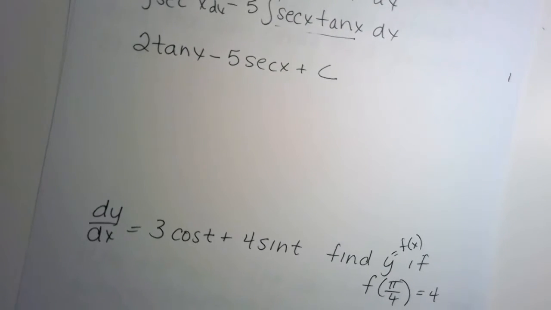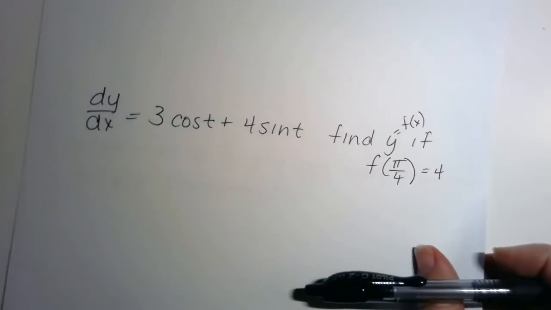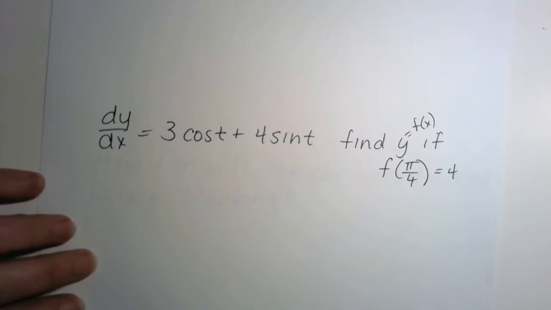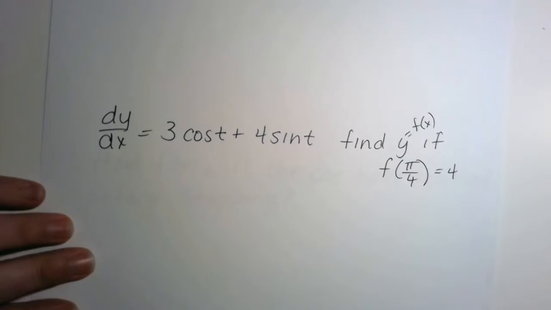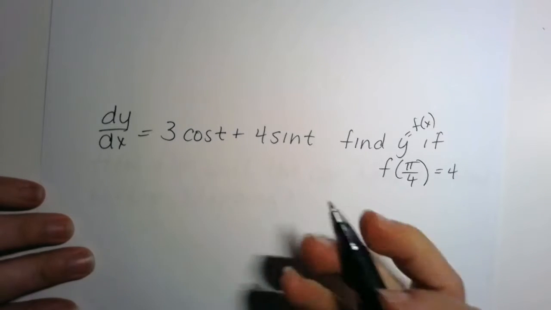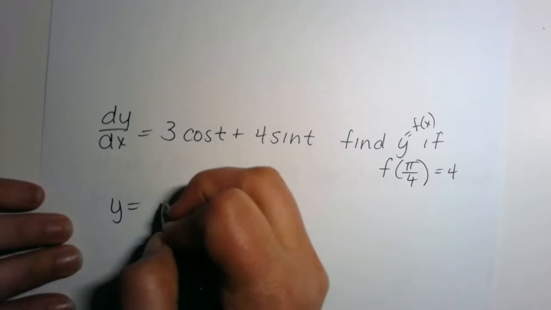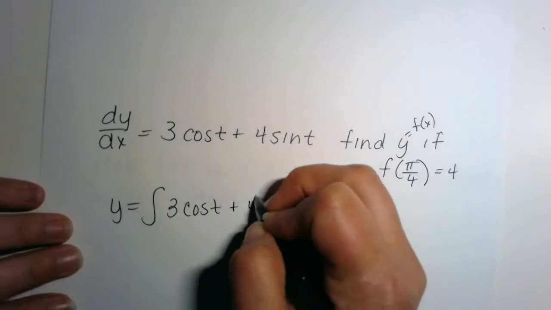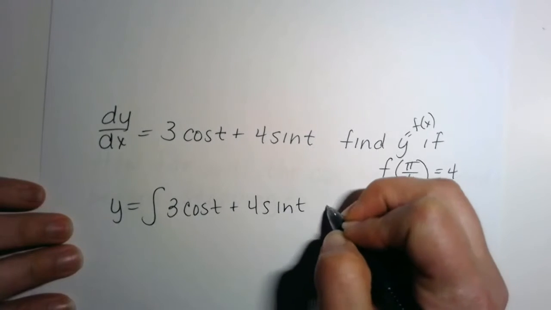All right, so how about if we have an initial condition here? So this time we're given the derivative, dy dx is 3 cosine of t plus 4 sine of t. So if I want y, which is really f of x, and I have an initial condition here, I'm going to need to do the antiderivative. So I know that my y will be equal to the antiderivative of 3 cosine of t plus 4 sine of t dt.